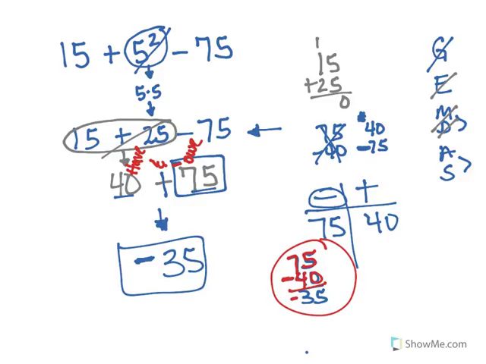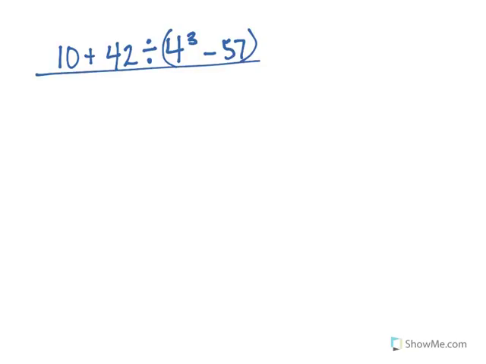Now, this next one that we're about to do, guys, is actually a little bit, it's not hard, it's just a little bit longer. So let me go ahead and write that problem for you. It's going to be 10 plus 42 divided by 4 to the third power minus 57, parentheses, all of that divided by 8 minus 10, 10 minus 9.